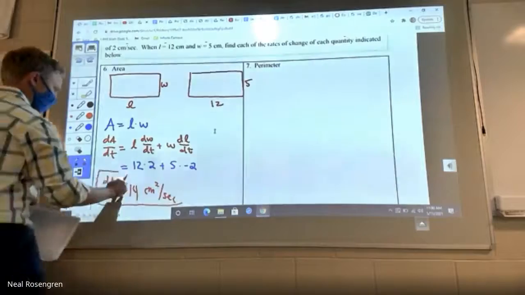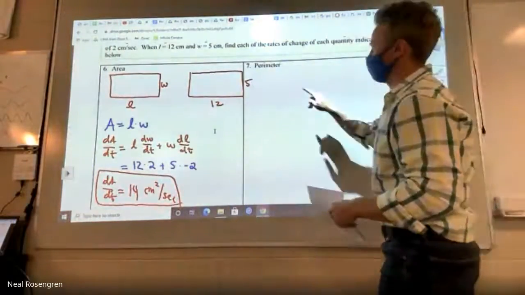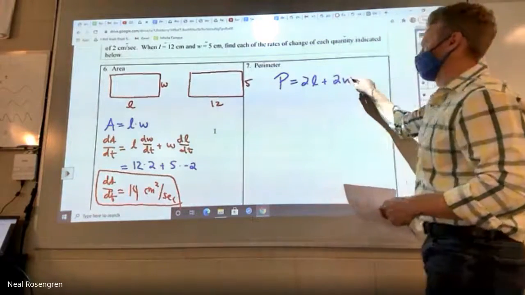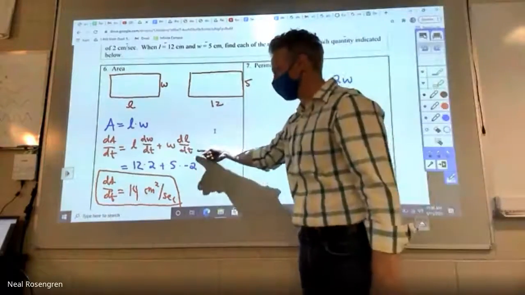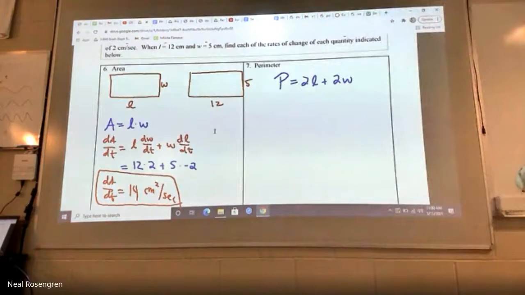Oh, yeah, no. Mr. Rosegren says the length is decreasing. The length is decreasing, correct. That's why my dL/dt is negative 2. Yeah, because L and W are still measurements, so they have to be positive because we're measuring distance. It's the rates that we're going to pick, positive versus negative.